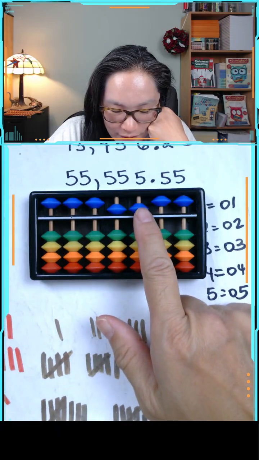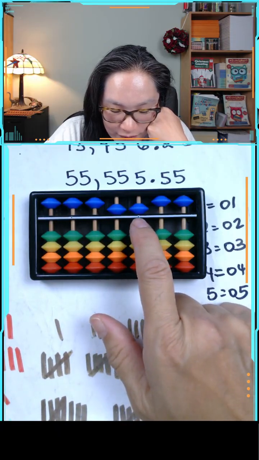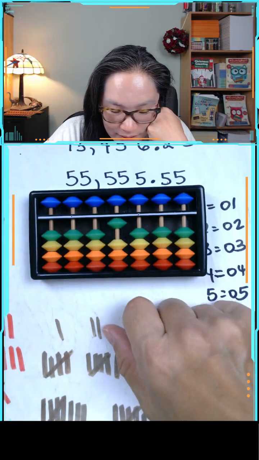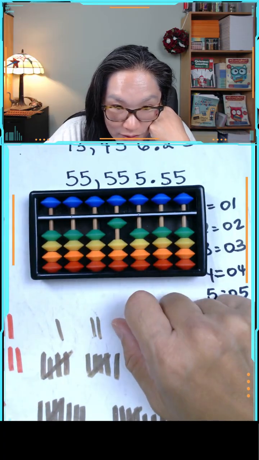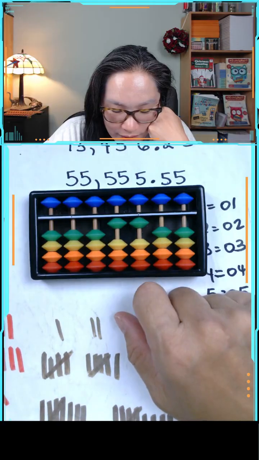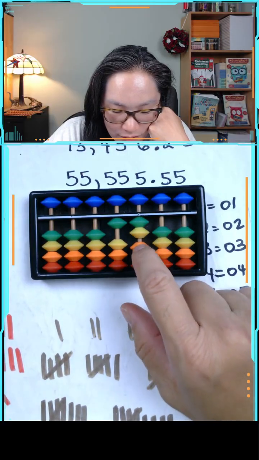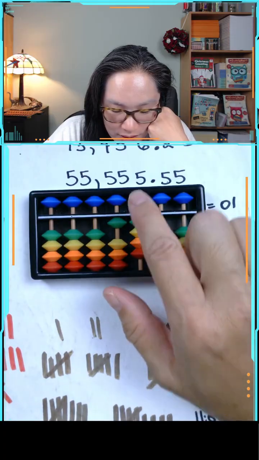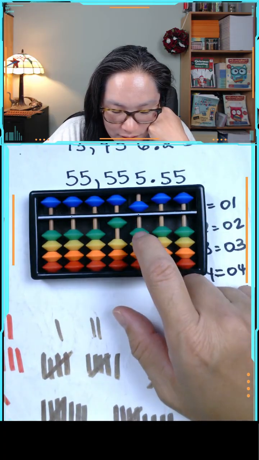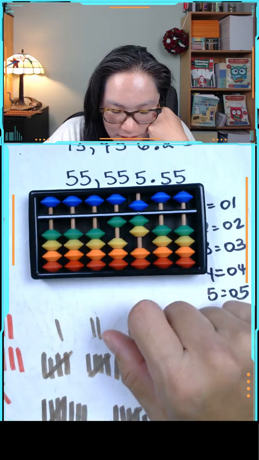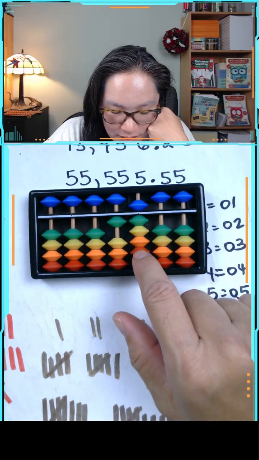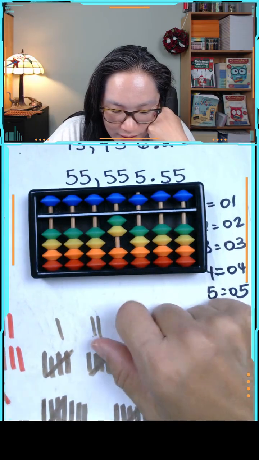This is 5, this is 5, this is 55. This is 10. This is a 1 and a 0. 1, 11, 12, 13, 14, 15, 16, 17, 18, 19, 20. There we go.